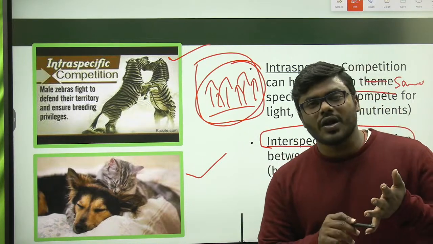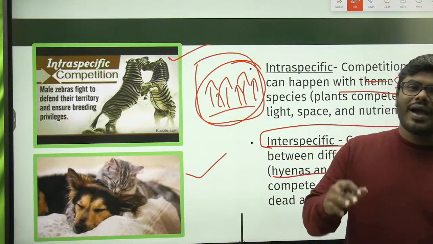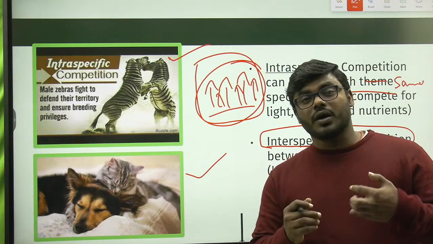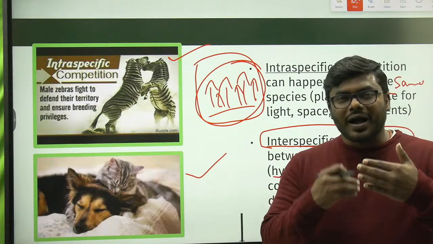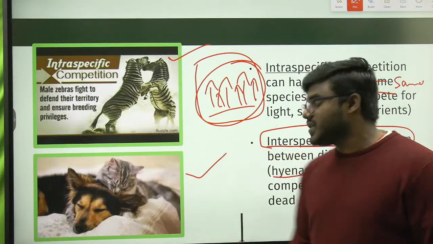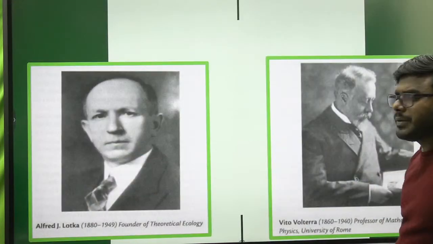Hyena is depending on the same resource, vulture is also depending on the same resource, but hyena and vulture do not belong to the same species. As a result, what happened? The competition is occurring between two different species, and that is what we call interspecific competition.